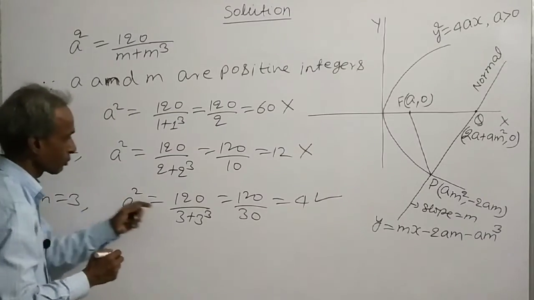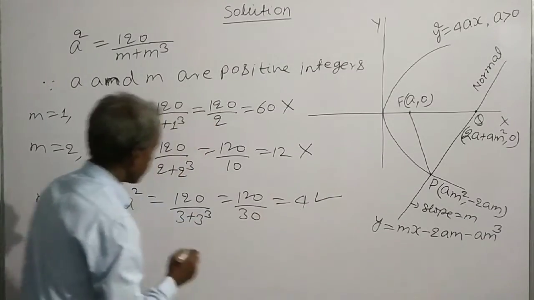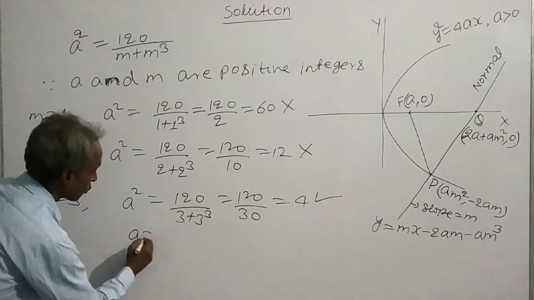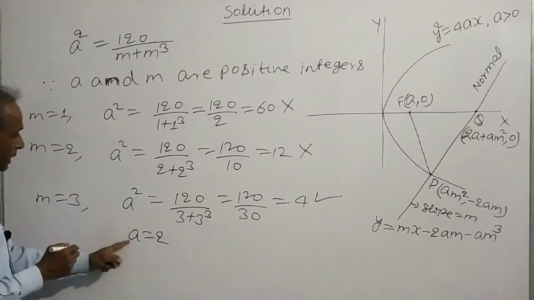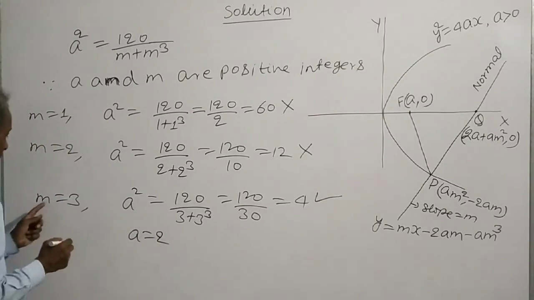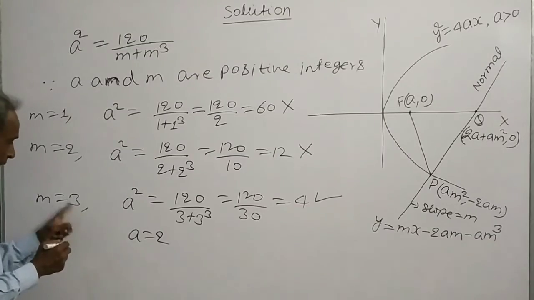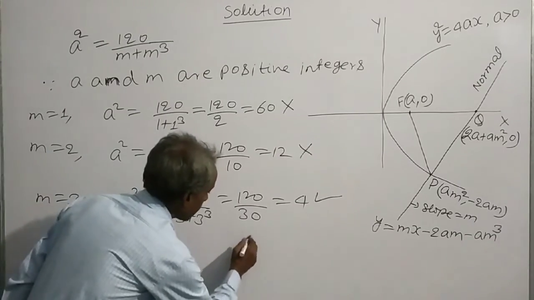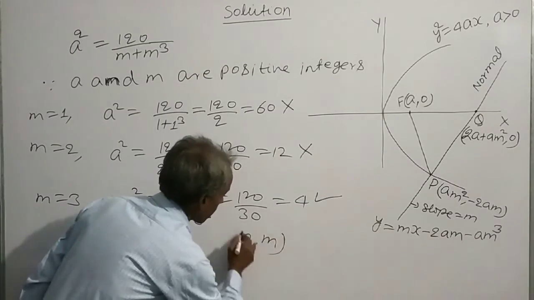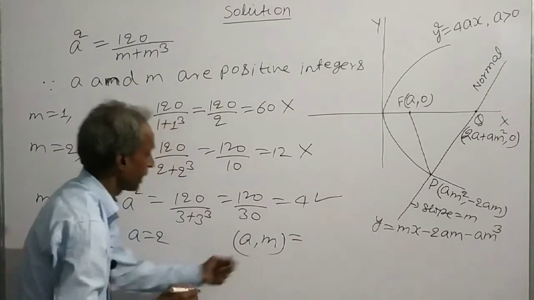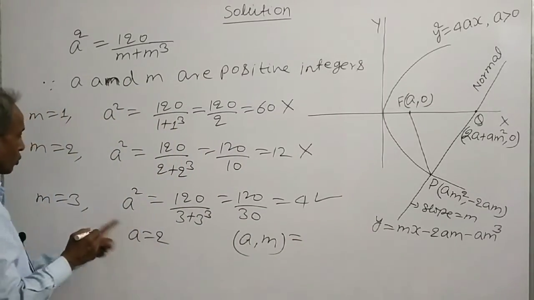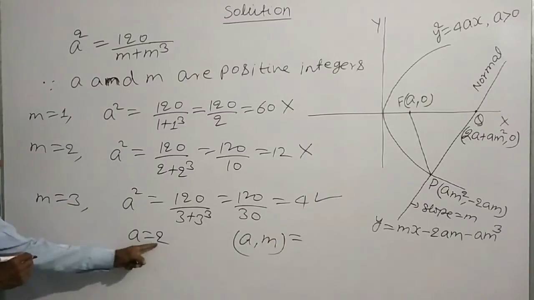When a square is equal to 4, then a is equal to 2. Therefore a is equal to 2 and m is equal to 3. Therefore the ordered pair (a, m) will be equal to (2, 3).